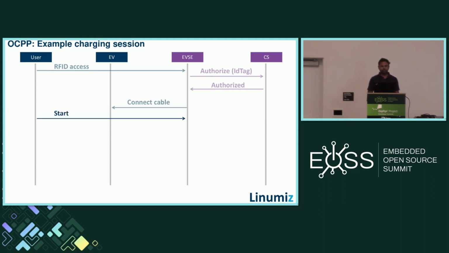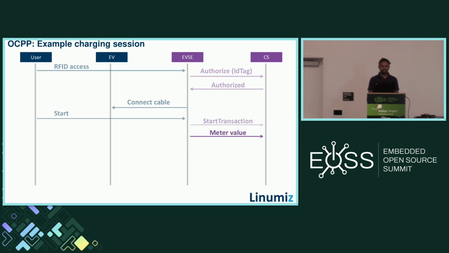Then once the cable is connected, the user can press the start button available on the charging station. Once the start button is pressed, the EVSE releases the circuit for delivering the energy, and then it can send the OCPP StartTransaction message, saying the transaction has started, with the meter readings from when it was about to start.